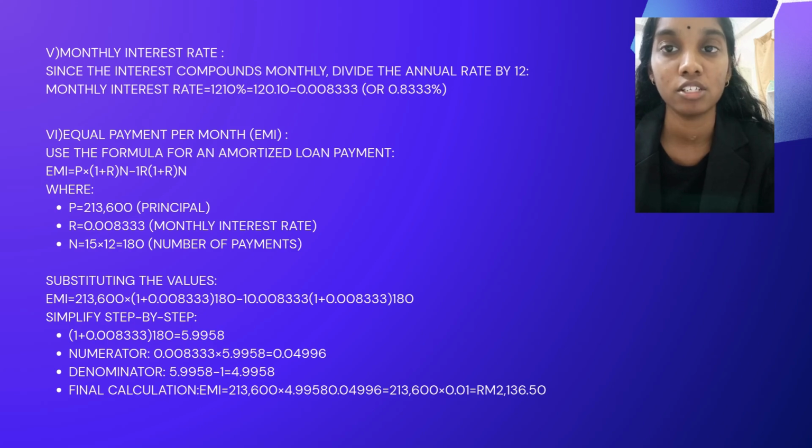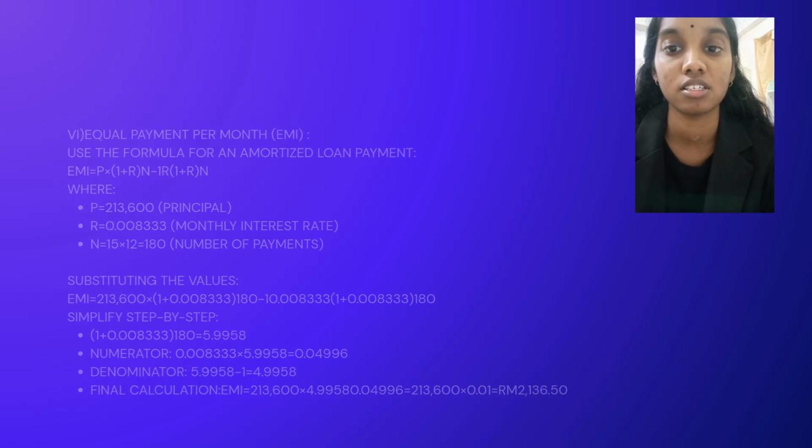After that, I divide 0.04996 by 4.9958 to get 0.01. Finally, I multiply the loan amount by 0.01, which gives the monthly payment of 2,136.50 ringgit. So, Gloria will need to pay 2,136 ringgit 50 cents every month for 15 years.